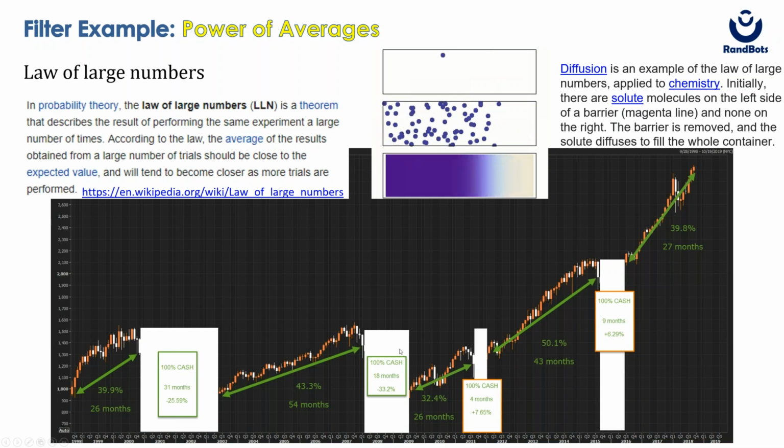this chart here. The chart here is the S&P 500 starting in 1998, right? I started trading in the summer of 1999. So from the beginning of the chart to this period, the system was long.